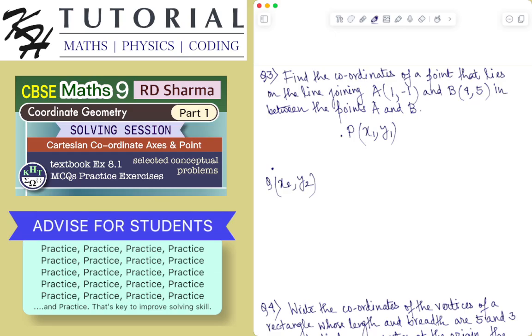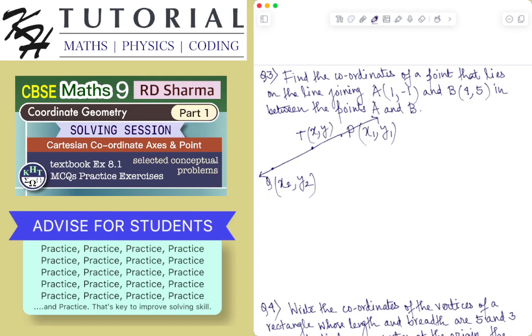Now if we are asked to find the coordinates of a point which will lie on the line joining P and Q, that is this line, and the point will be in between P and Q on the line, maybe somewhere over here. Let's say this point is T. Let's say the coordinates of the point T are x comma y. We have to find x comma y.